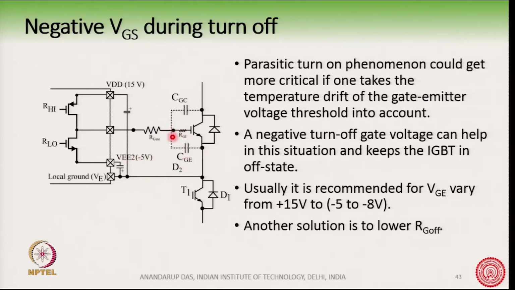in spite of this current flowing here and there being a potential increase at this point, the gate emitter voltage will not cause a spurious turn on of the device due to some unforeseen circumstances, because the VGE voltage has been kept to minus 5 volt.